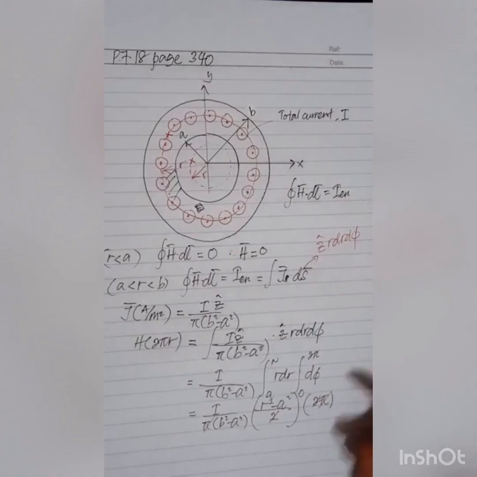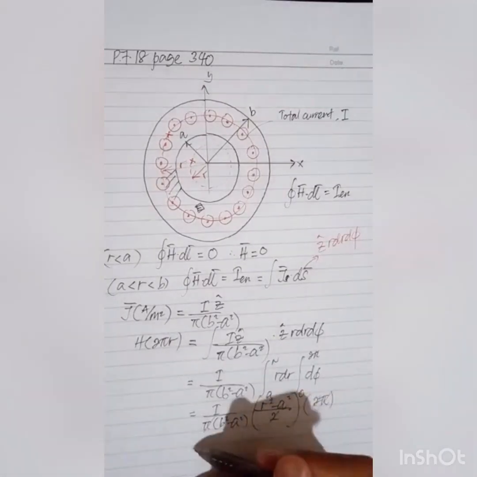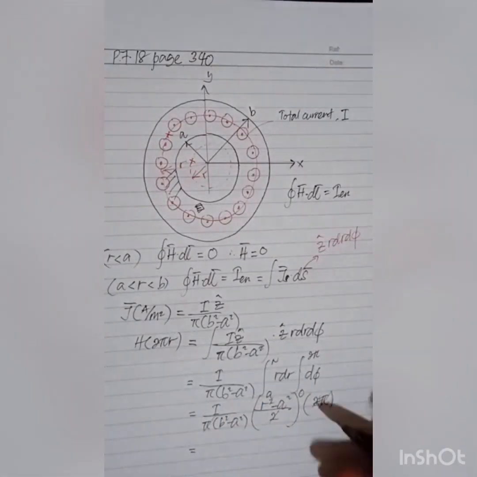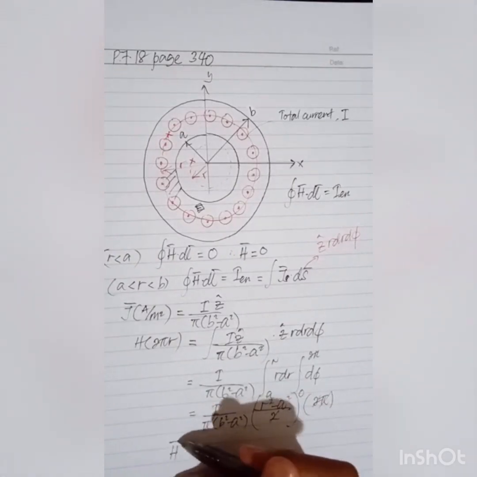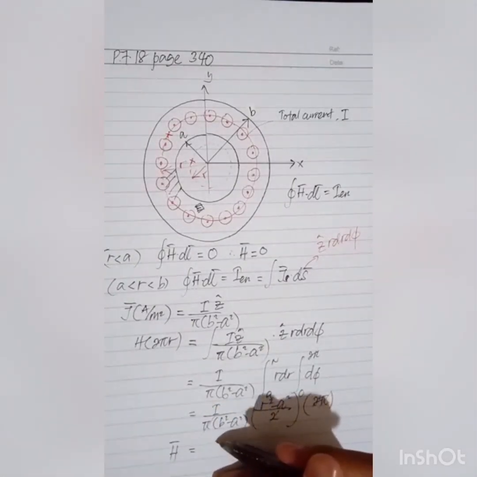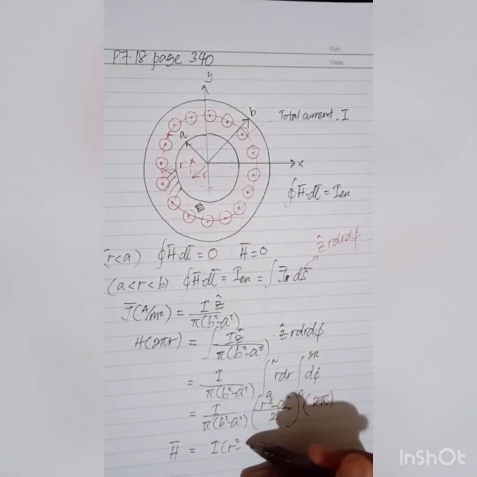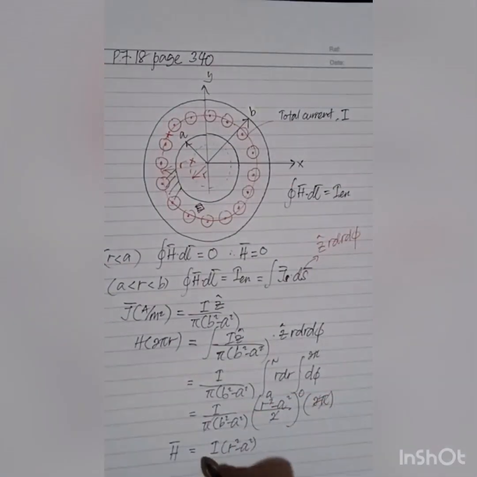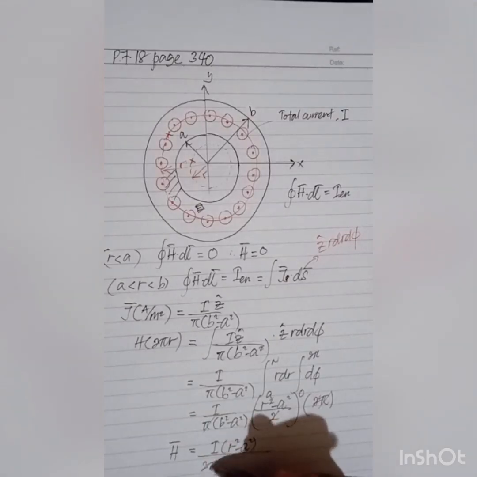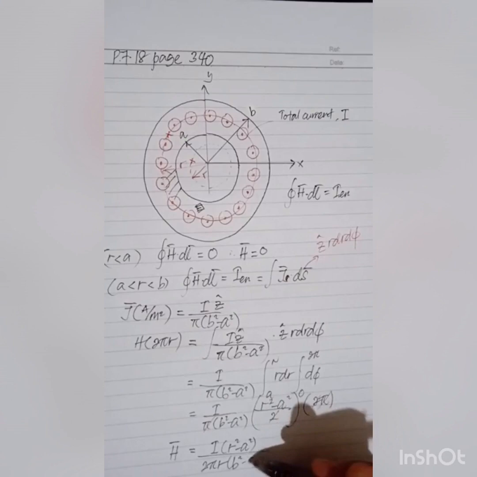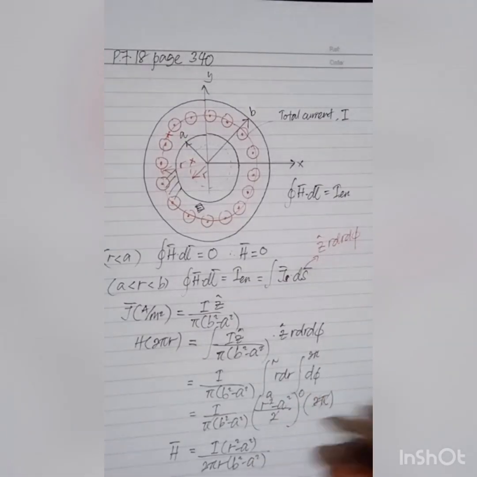So finally your equation for the H becomes I times r squared minus a squared over 2 pi r times b squared minus a squared.